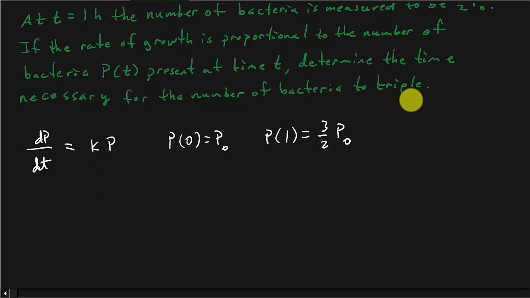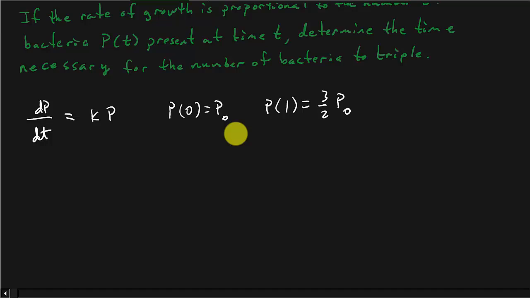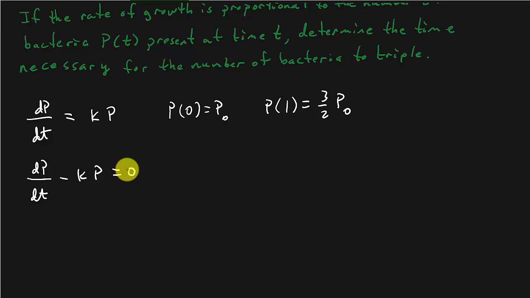So basically what we have here is just a differential equation to solve. We can write this as dP/dt minus k times P equals 0. I just moved the k times P to the other side of the equal sign. And so here we can solve this.